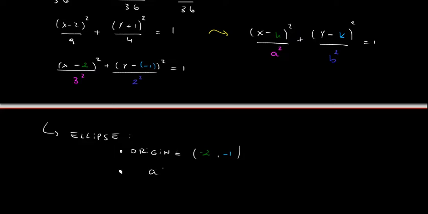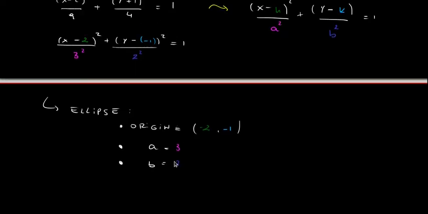A, this big number that divides x, is going to be equal to 3. B, the number that divides y, is going to be equal to 2.